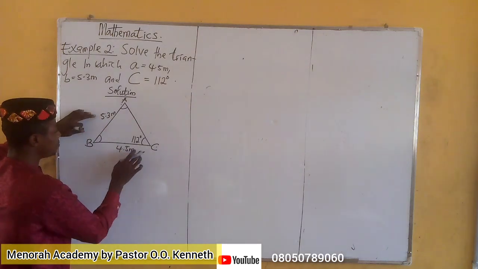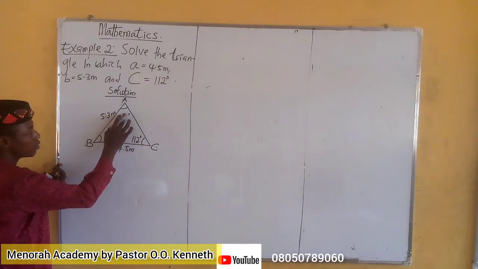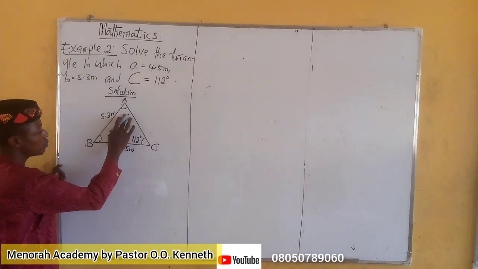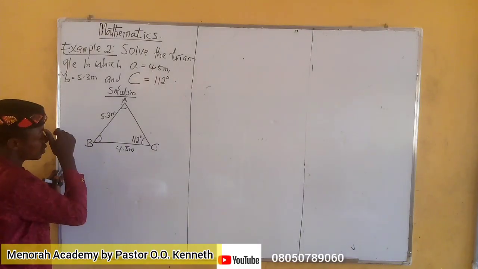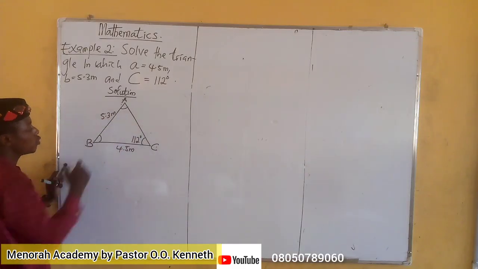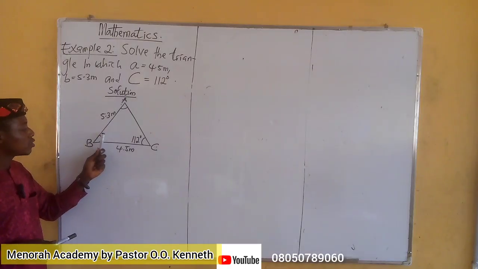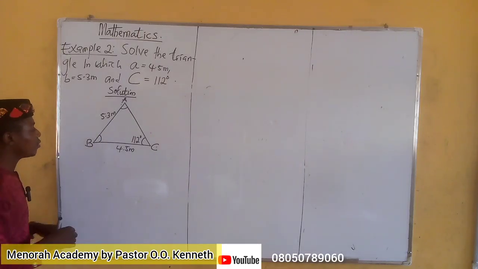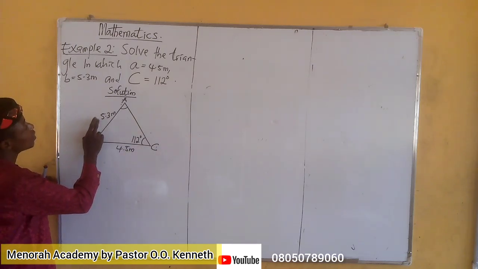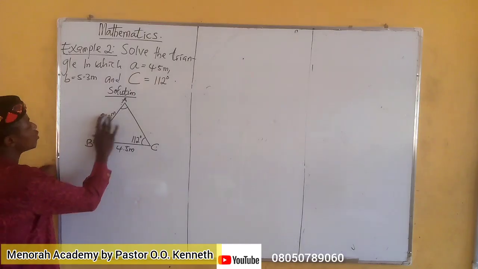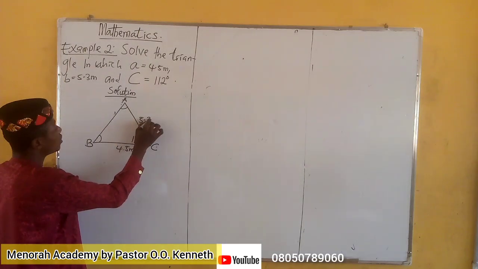So we discover that, look at this particular place, this side A is given, so we can find angle A now. Alright, we can find angle A, but before we find angle A, you will agree with me that to go about this, before you use your cosine rule, what are you expected to do? Side B is given, which is 5.3 meters.